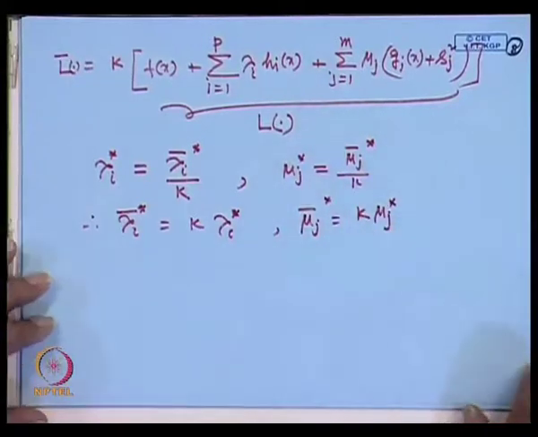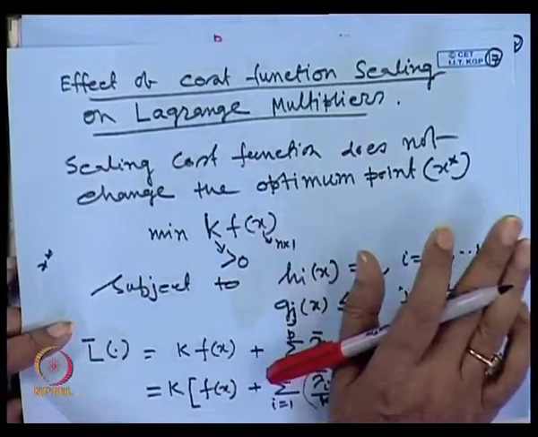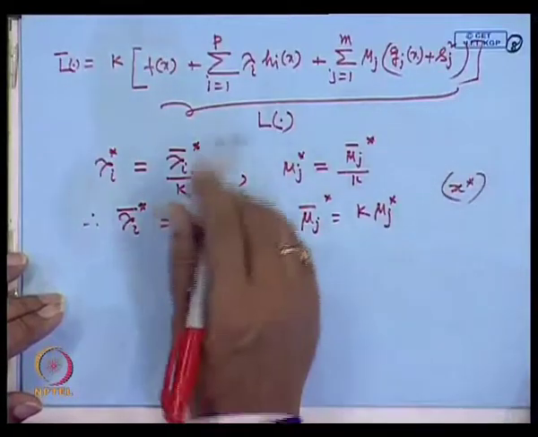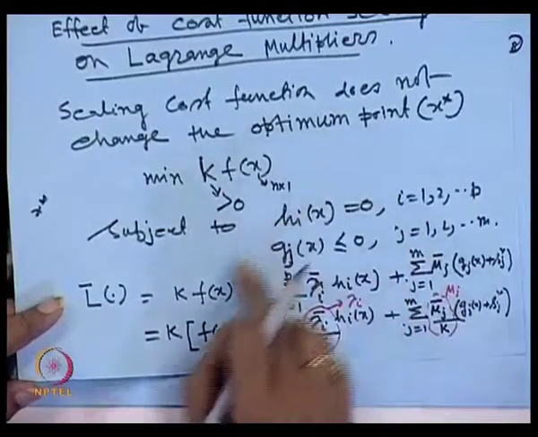So, what is our conclusion? If our original problem is to minimize a function f of x subject to these constraints, and the optimal point at which we get the minimum value of the function is x star, now the cost function is scaled to k into f of x, subject to the same equality and inequality constraints.